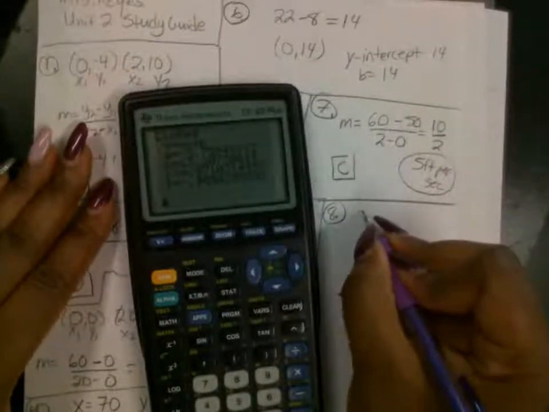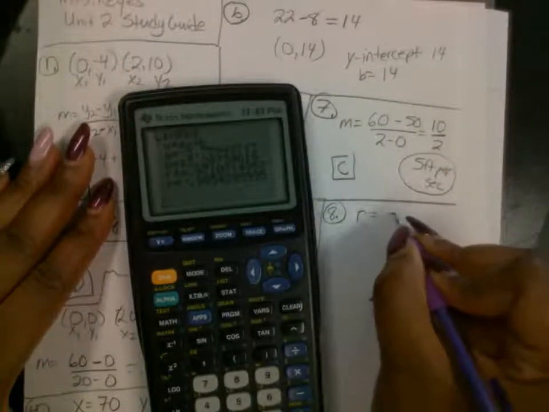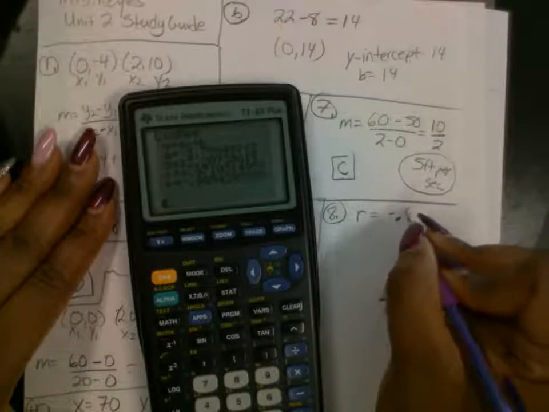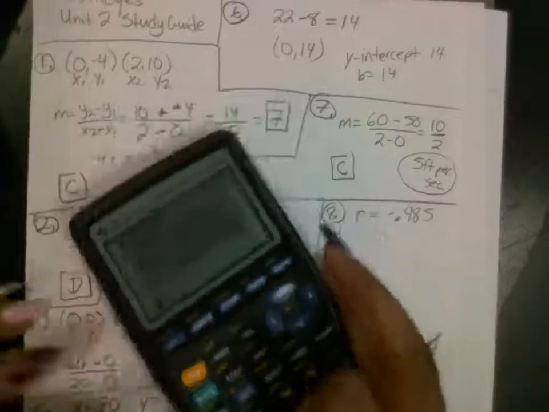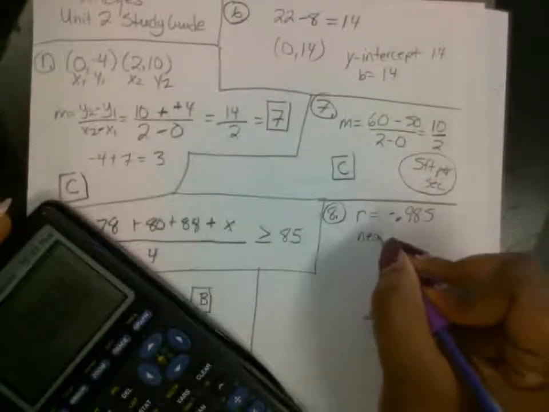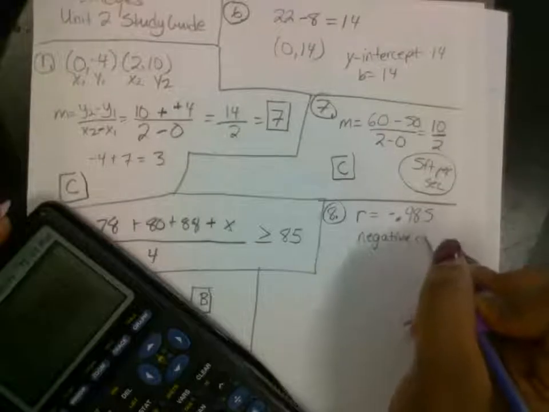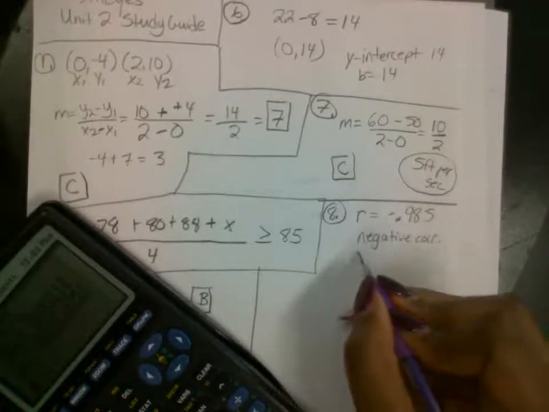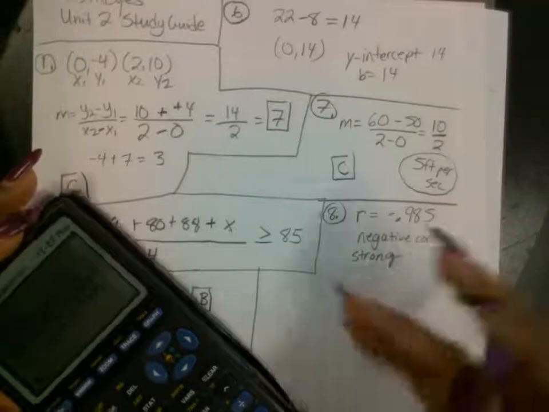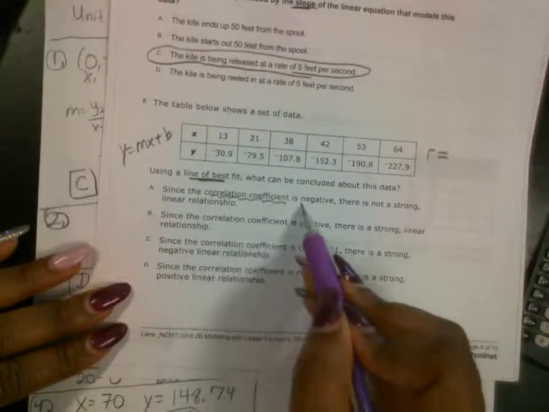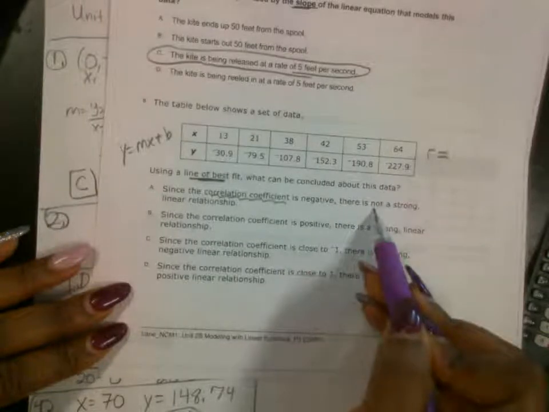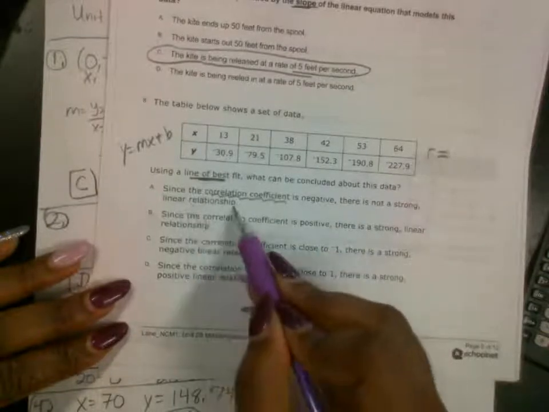R is equal to a negative 0.985, okay? So what does that mean? That means it's a negative correlation, and it also means that it's very strong. All right, so let's look at our answer choices and choose the best one. A, since the correlation coefficient is negative, there is not a strong, that's not true.